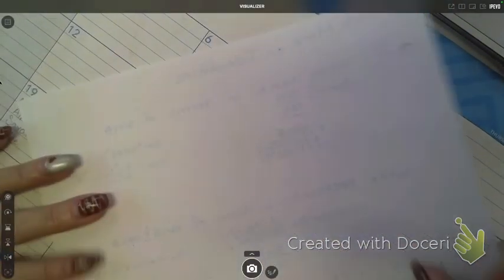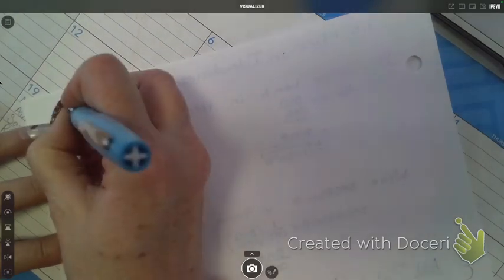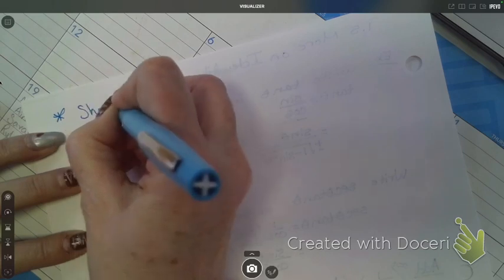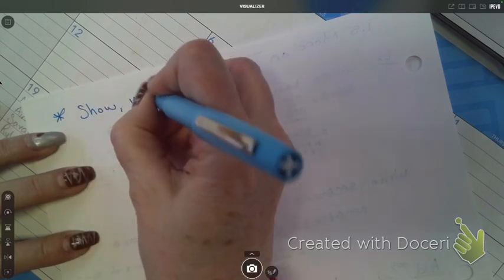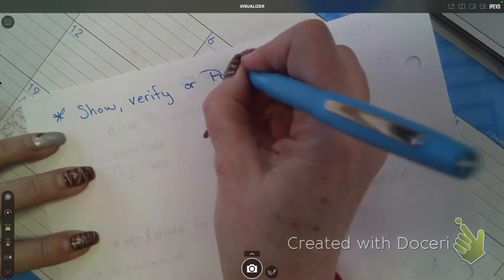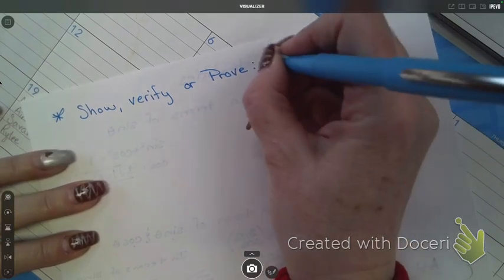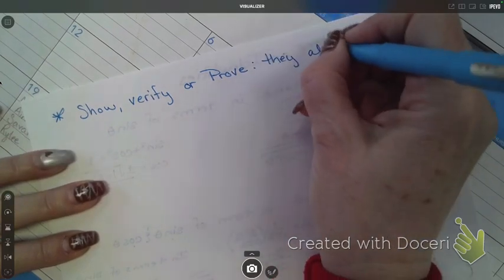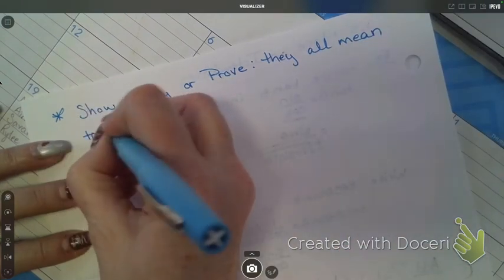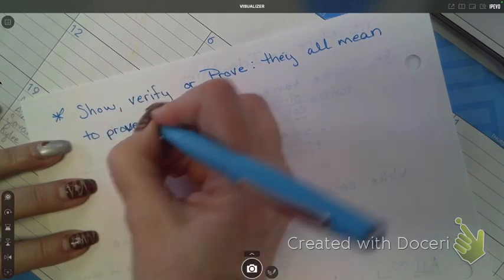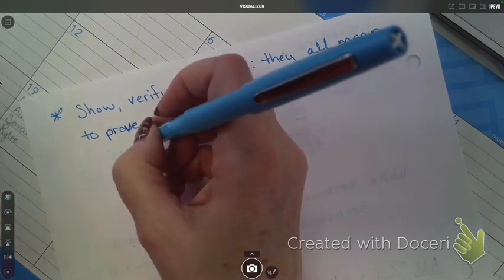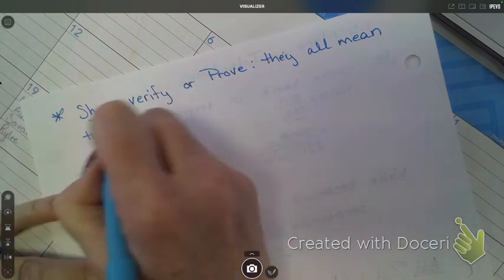Just so you know, if you see show, verify, or prove, they all mean to prove it.